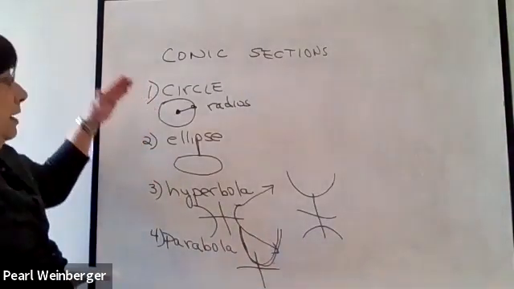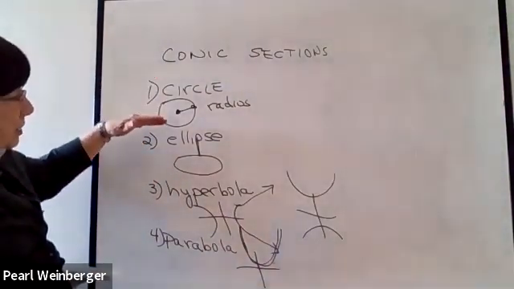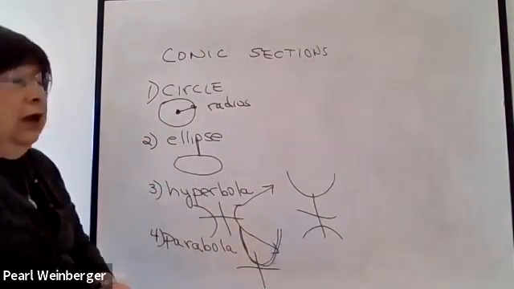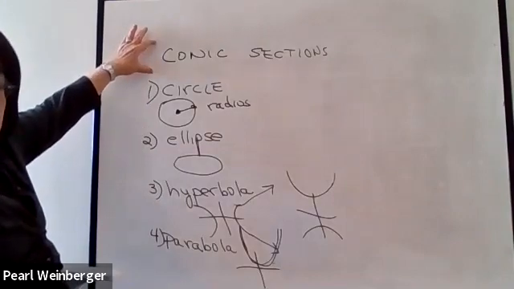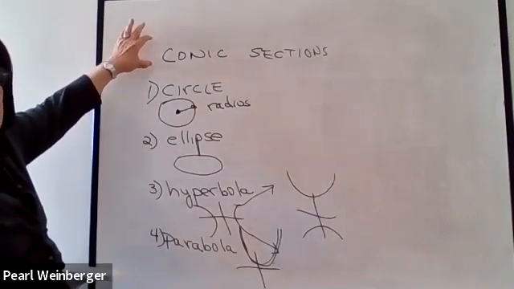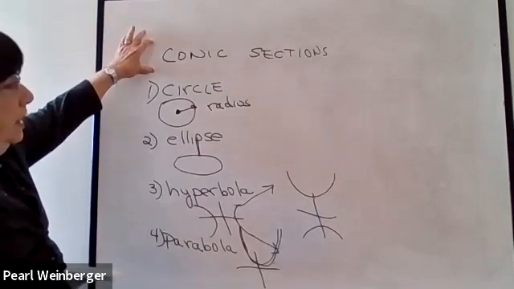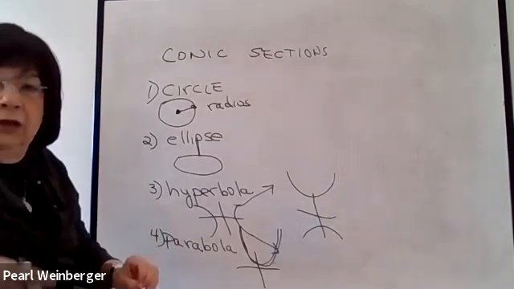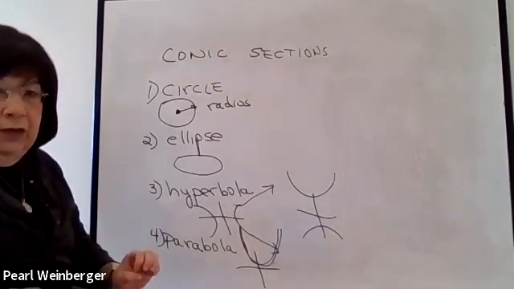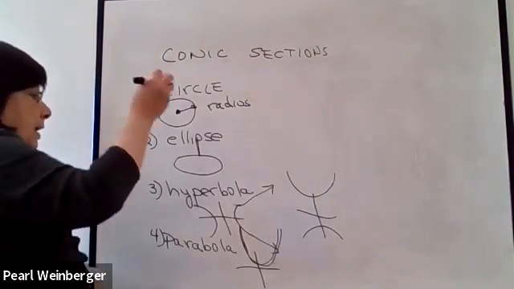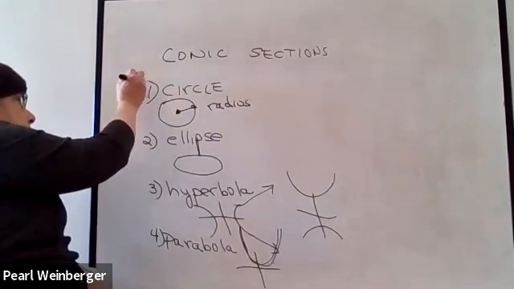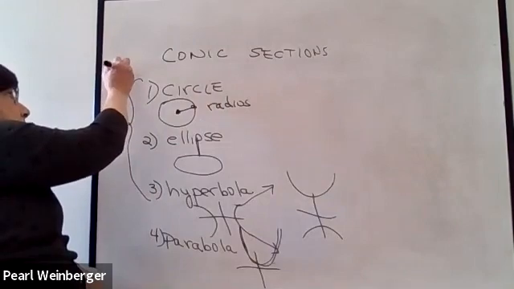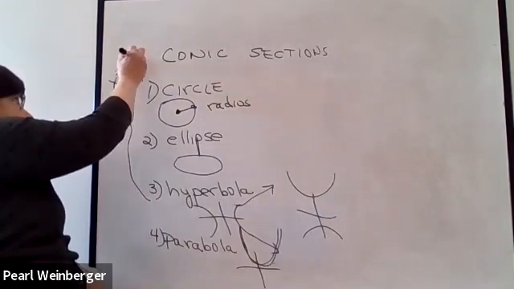These four shapes, circle, ellipse, hyperbola, and parabola, are what we call the conic sections. They are the shapes that you get when you have a quadratic equation and you try to graph that quadratic equation. In the first three, you're going to have both x squared and y squared terms.